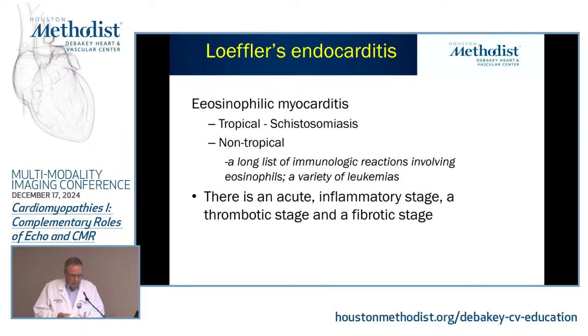But it has been seen with different kinds of toxic materials, with medication allergies, with different forms of leukemia. There's even an eosinophilic leukemia. So it's kind of a basket of multiple conditions, all with one common denominator, which is the immunologic system triggering a very high level of eosinophils.